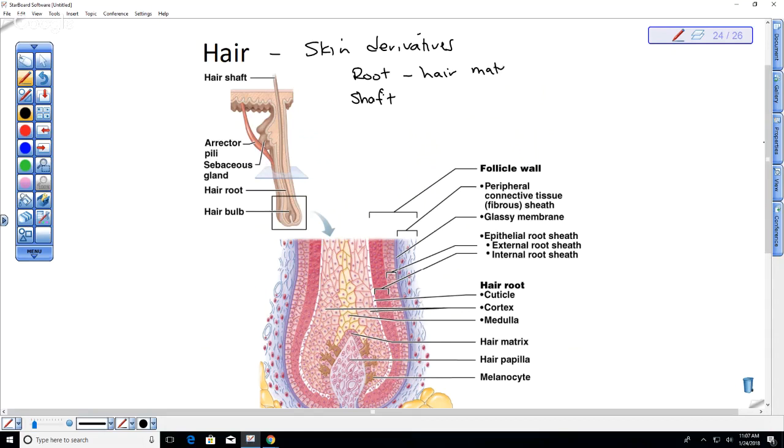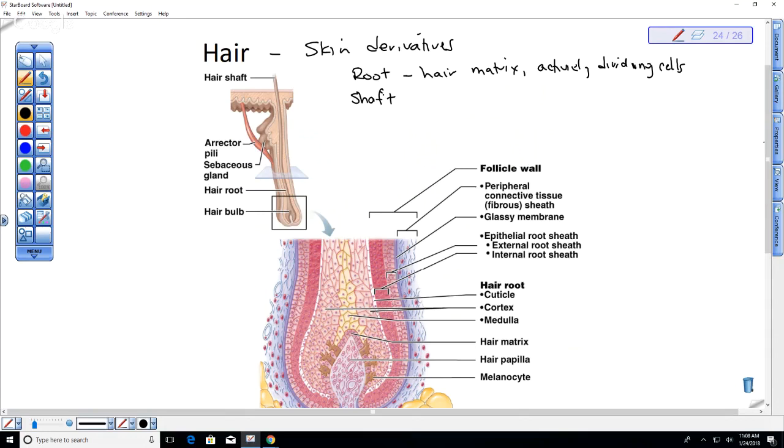It is in the root, and these are actively dividing cells. So this would be mitosis. So your hair, like your skin, is cellular in nature. The cells in the hair matrix located in this root, sometimes called the bulb, you'll notice that we also have melanocytes associated with the bulb.